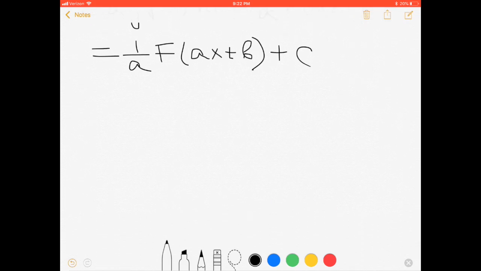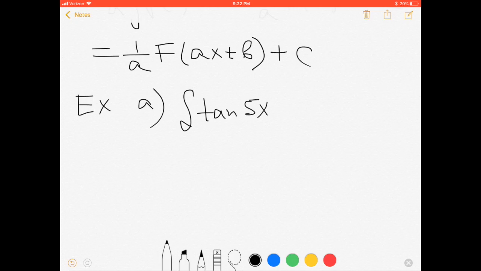Okay, let's see some examples of how this theorem helps you. Example A. We have integral of tangent 5x dx. As you remember, the integral of tangent is minus natural logarithm of absolute value of cosine.